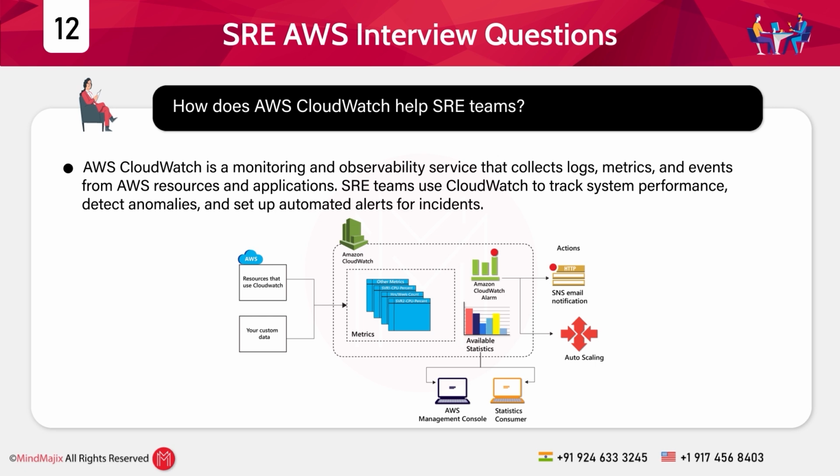It integrates with AWS Lambda for automated remediation and with CloudWatch Synthetics for synthetic monitoring. By visualizing the metrics in dashboards, SREs can quickly identify performance bottlenecks and take corrective action. This proactive approach reduces downtime and improves the user experience.